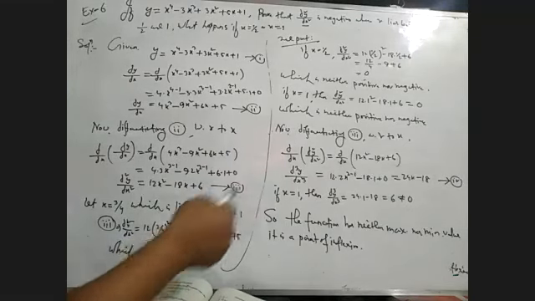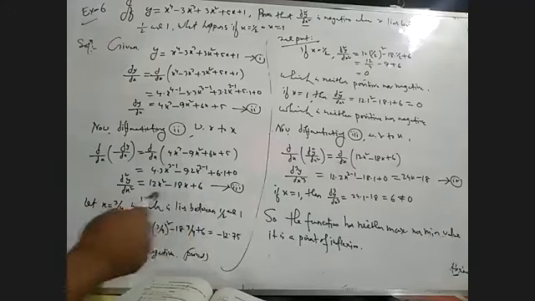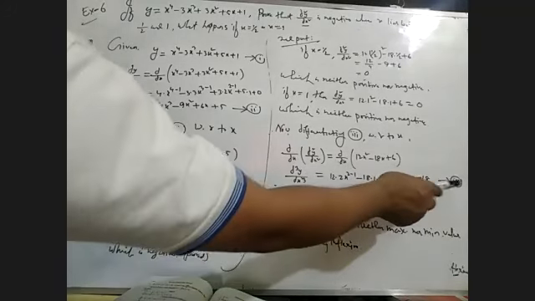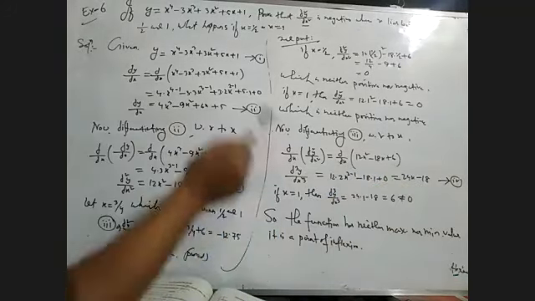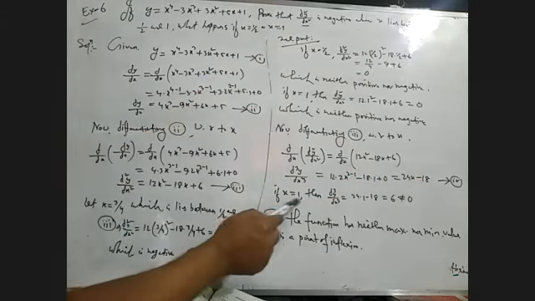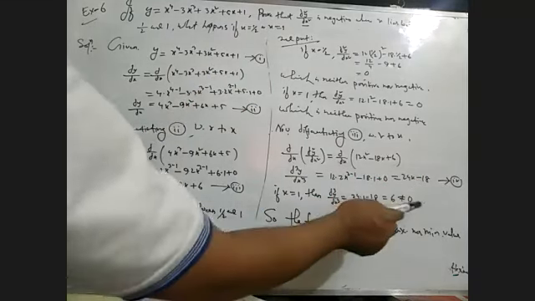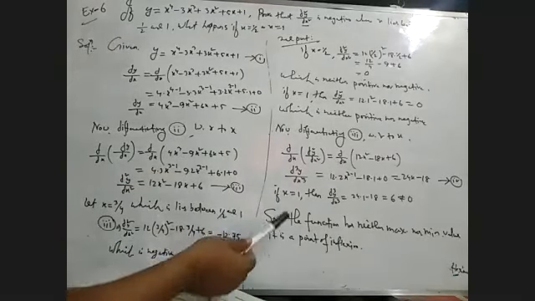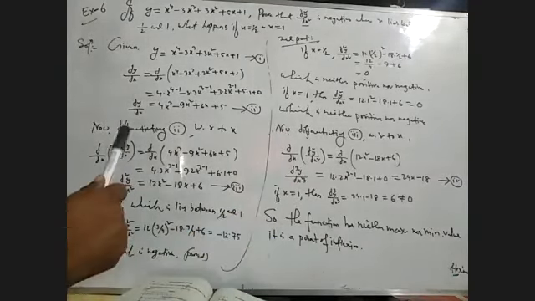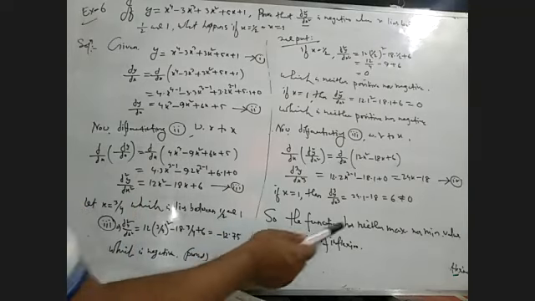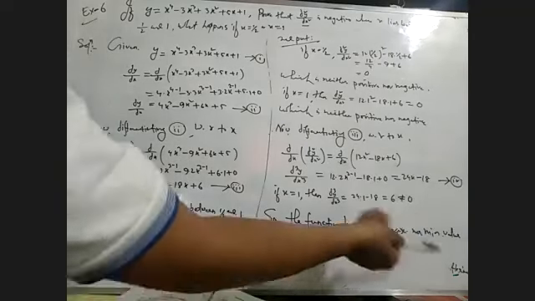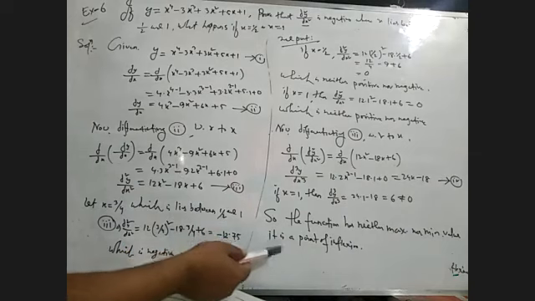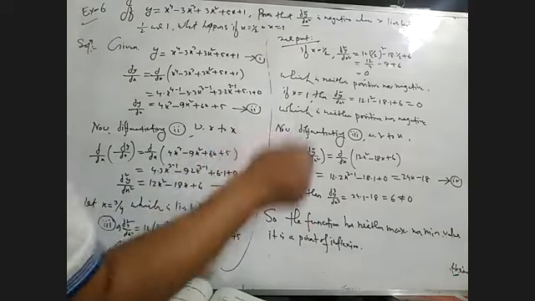Now again differentiating equation number 3, the third order derivative will be equation number 4. So if x equals 1, for testing, the third derivative is not 0, that means non-zero. So we can conclude that x equals 1 is the inflection point, not a critical point. The function has neither maximum value nor minimum value, and it is a point of inflection.